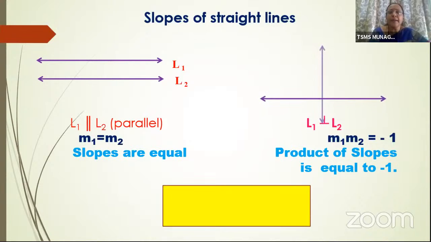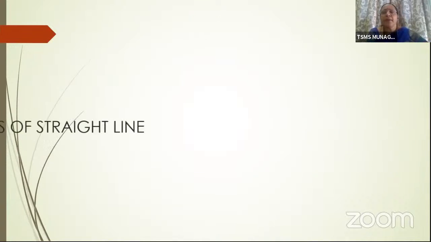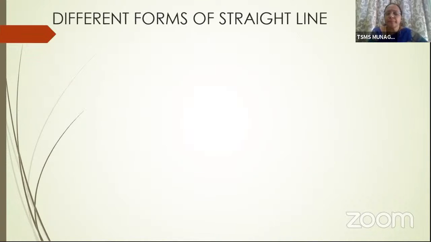And if you have two perpendicular lines, making 90 degrees with each other, then the product of their slopes is equal to -1. The other way around is also true. If the slopes are equal, the lines are parallel. If the product of slopes is -1, then the lines are perpendicular. And this is one formula that has been haunting you since 10th class: slope m equal to y2 minus y1 by x2 minus x1.